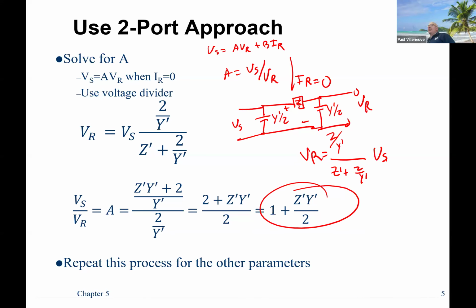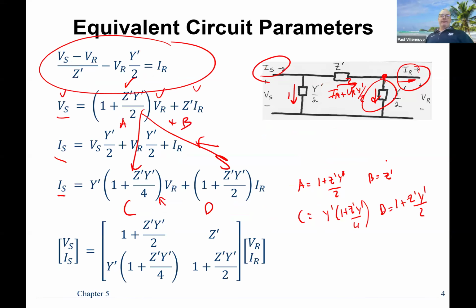Sometimes it's really nice because you can see the results. But how would you solve for B using our 2-port approach? Whatever is next to A. Which is VS or VR? So how do you force VR to be equal to 0?